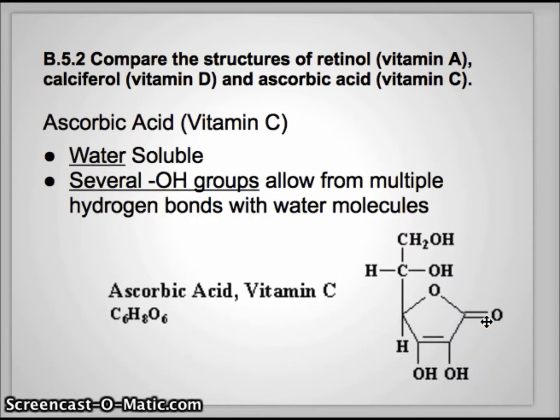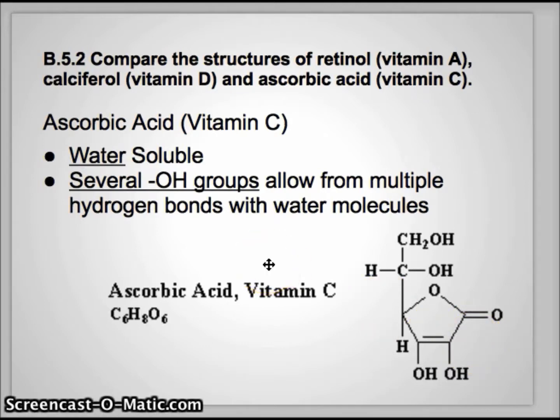The next one is ascorbic acid, or vitamin C. This is a water-soluble molecule due to the several OH groups. You can find them here on the chain with these two carbons over here, or you can find them over here in the cyclopentane-ish area.